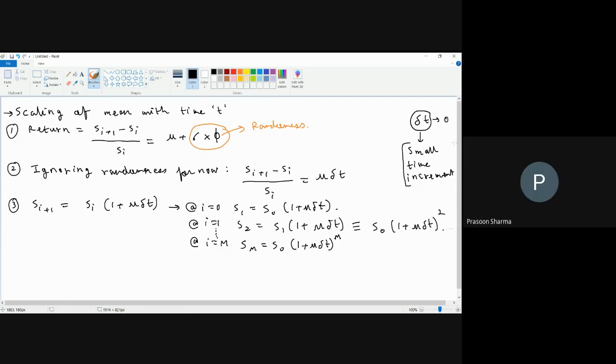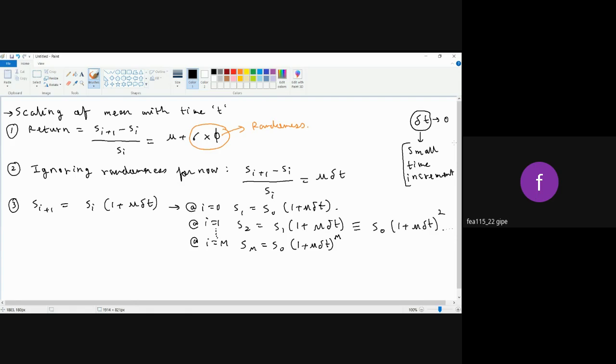Is this somewhere related to ticks of the stock price? Not exactly, because tick defines the quantum by which a stock price can move. That decides the smallest change in stock price which can happen for that asset price to be moving on the exchange.